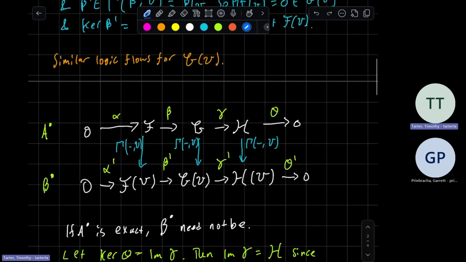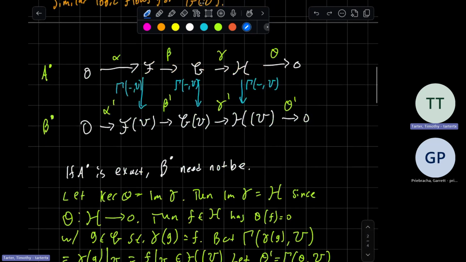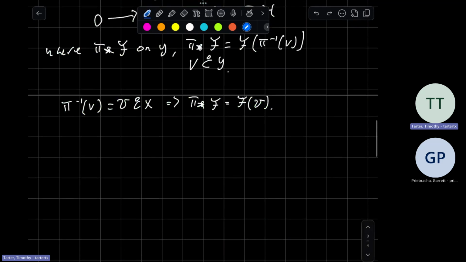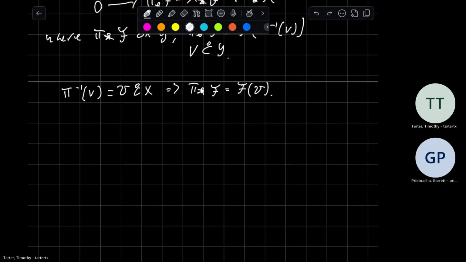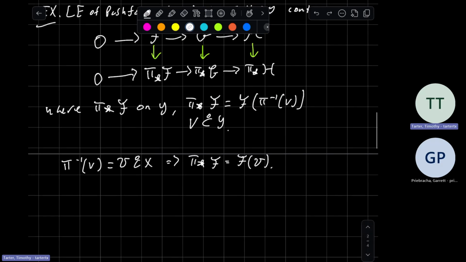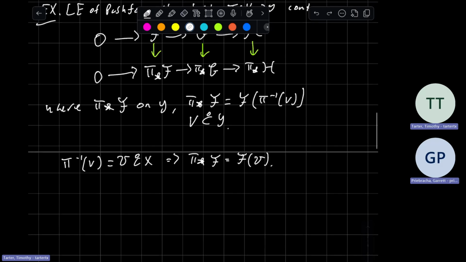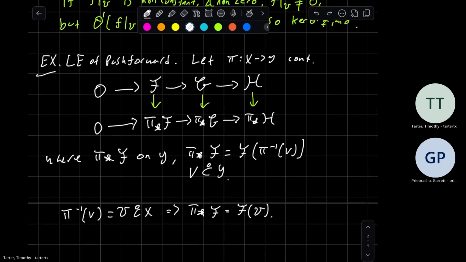But last time we identified the global sections functor as kind of like a point, not necessarily in Y. Here we're identifying it with the image of pi. Okay, that makes sense now.